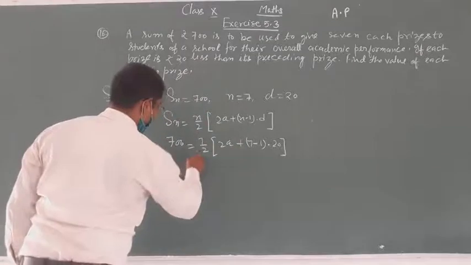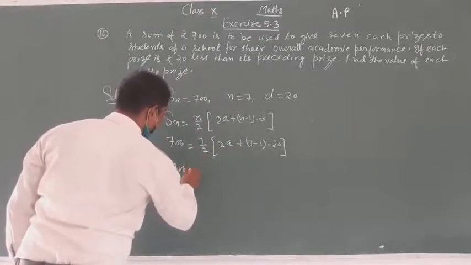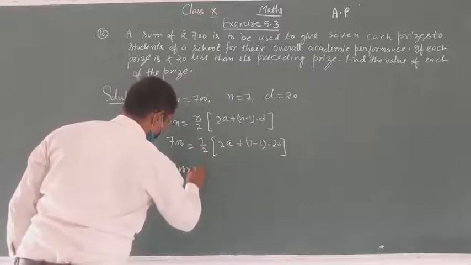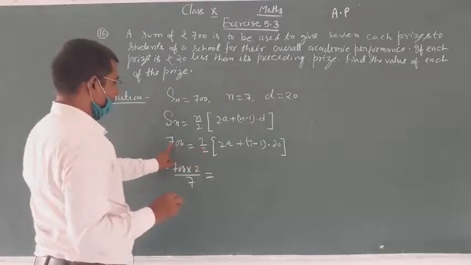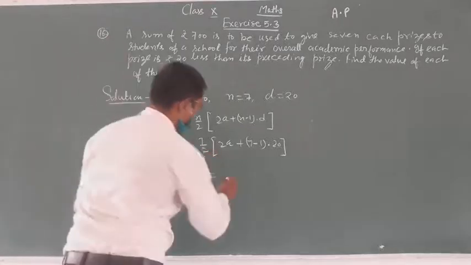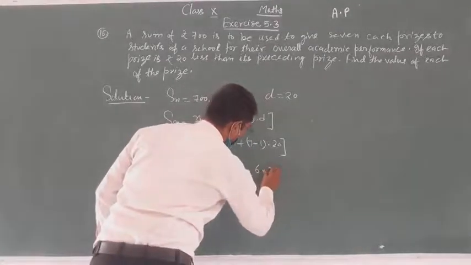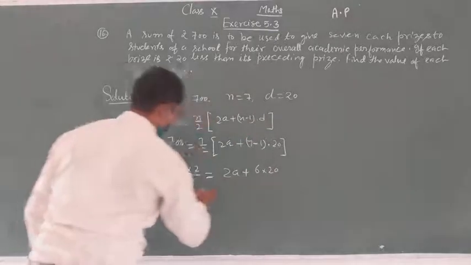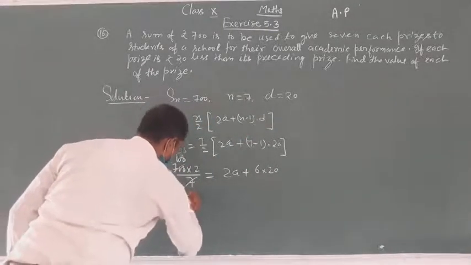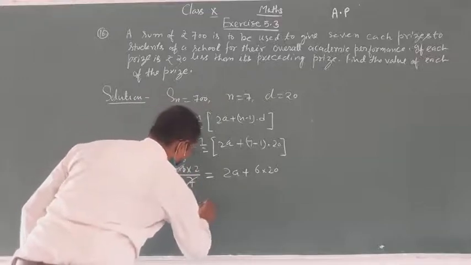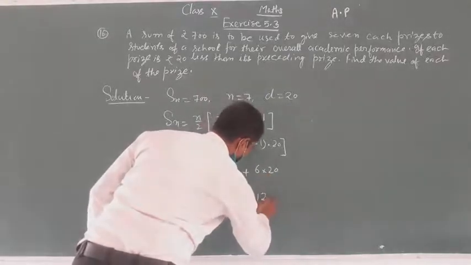So now, 700 into 2 upon 7 is equal to 2 multiplied by 700 divided by 7, which is 2a plus 6 into 20. Now 100 into 2, 200, is equal to 2a plus 120.